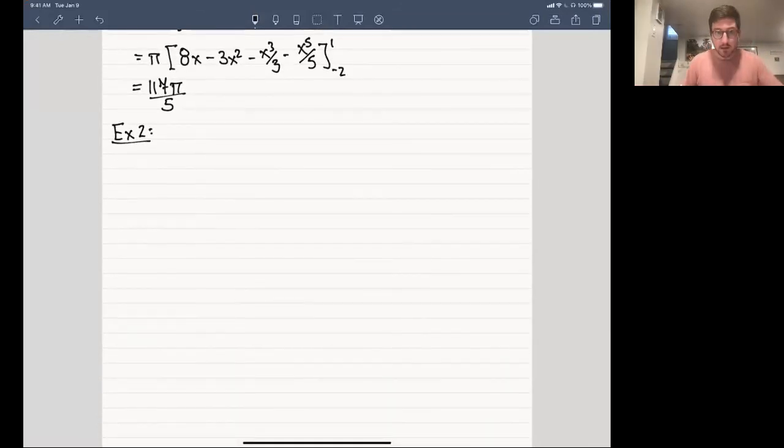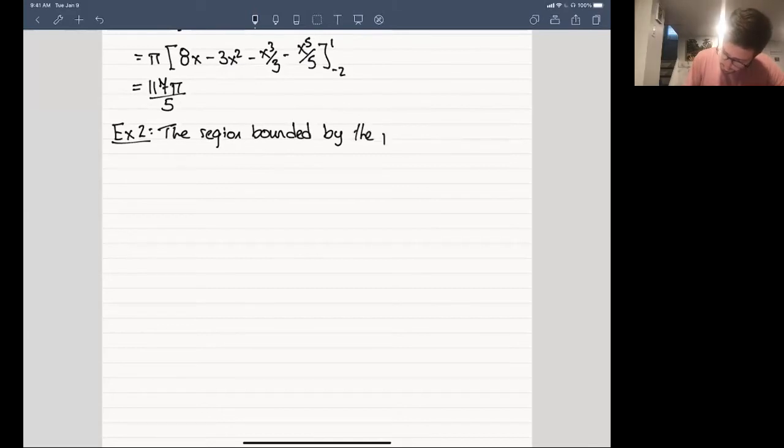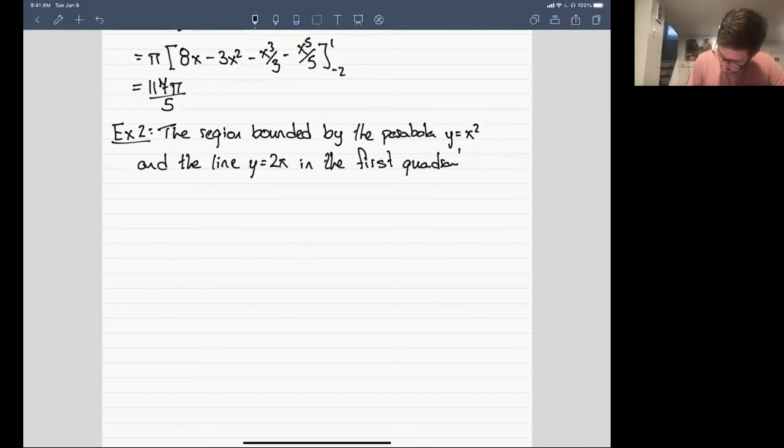So we're given the region bounded by the parabola y equal to x squared, and the line y is equal to 2x in the first quadrant. Is revolved around the y-axis.